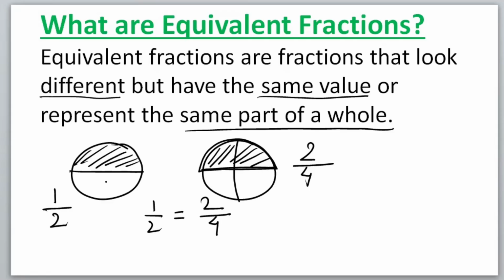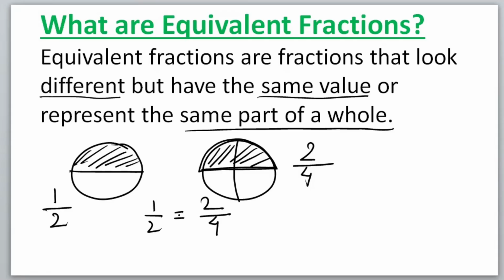That's why 1/2 is equivalent to 2/4. I hope it's clear what an equivalent fraction is. Equivalent fractions look different but they represent the same value or the same part of a whole.